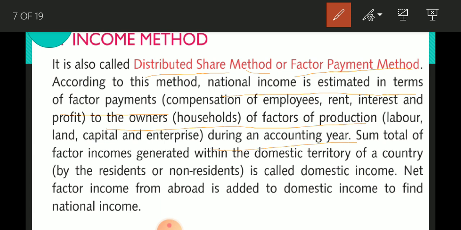When we add these factor incomes, we get domestic income, and when we add net factor income from abroad, that is NFIA, we find national income. So let me understand how we get domestic income.